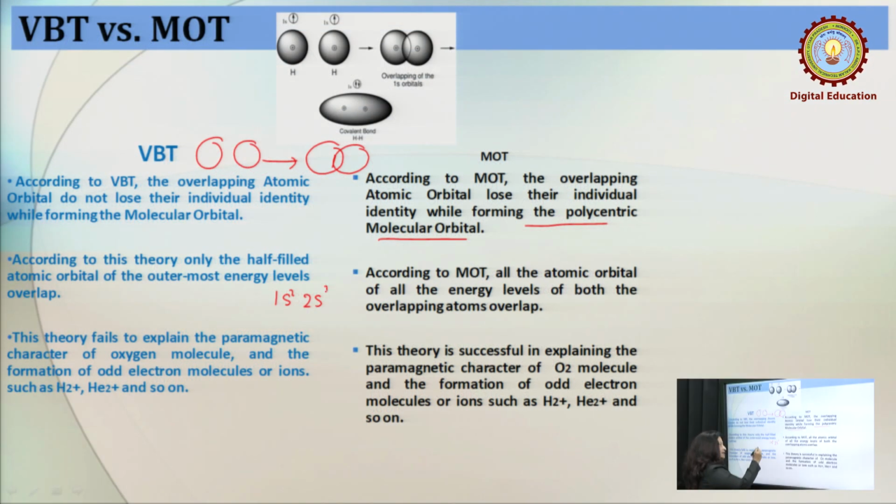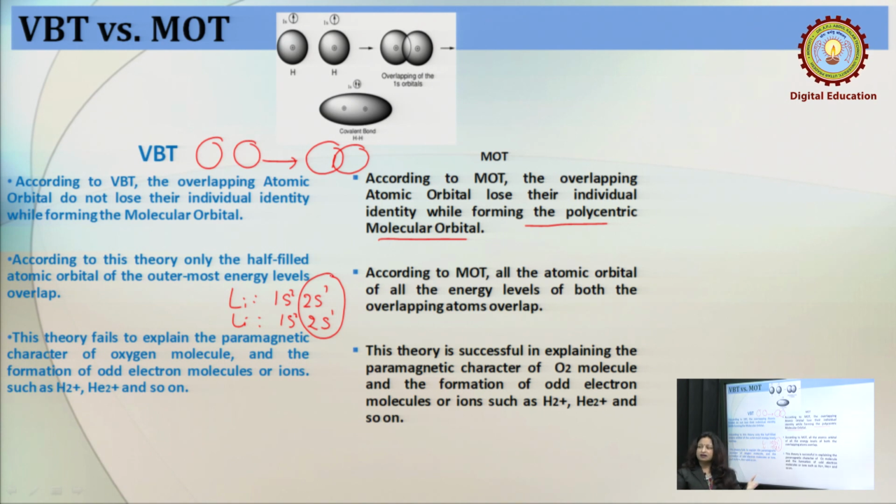This is the electronic configuration of a lithium atom. When two atoms are going to overlap each other, the other atom also has 1s2, 2s1. As per valence bond theory, only the half-filled atomic orbitals of both atoms enter into the process of overlapping.